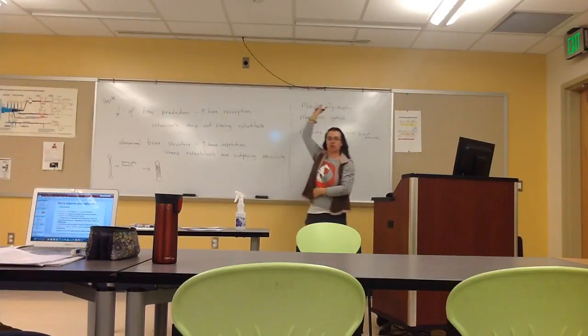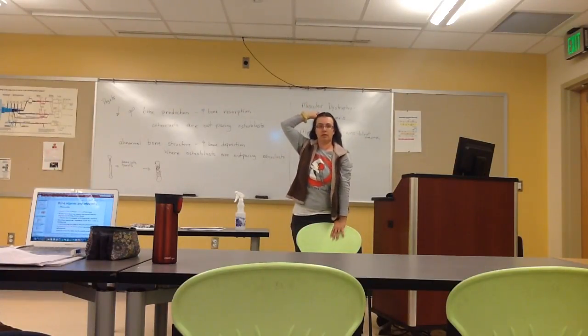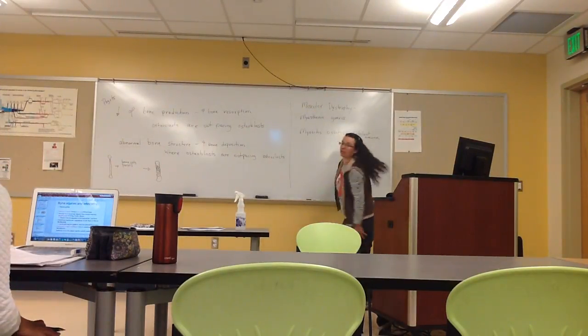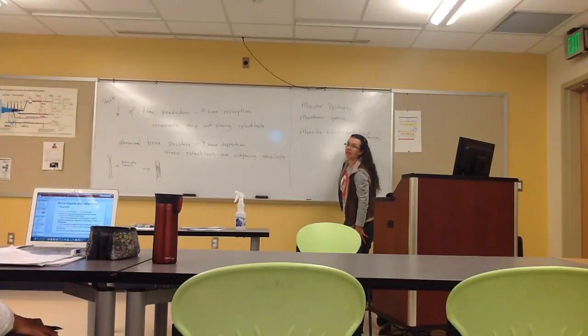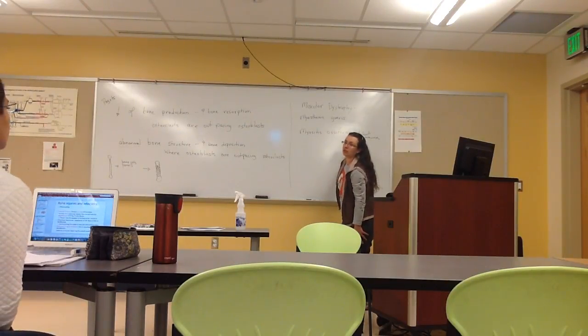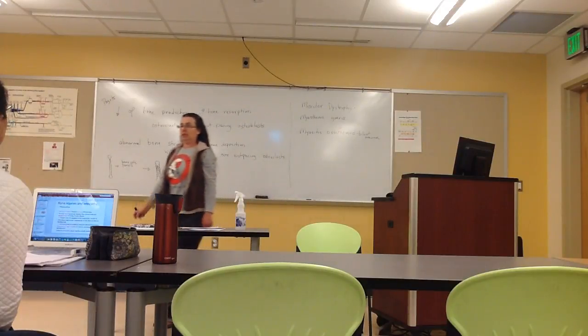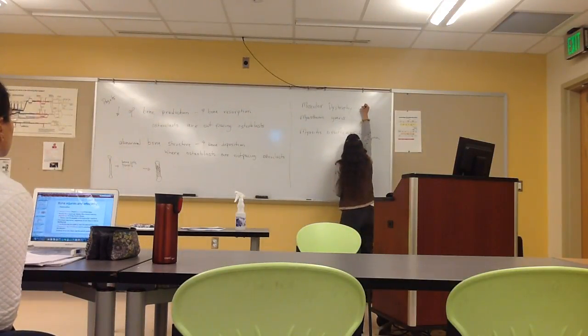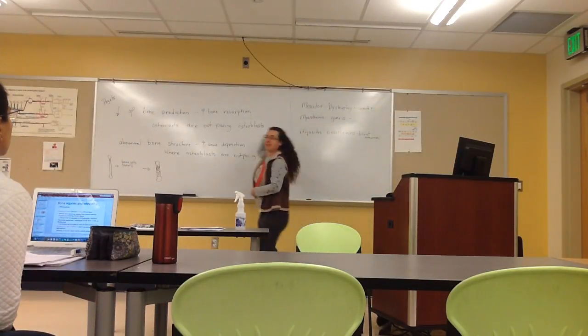What is the etiology here for muscular dystrophy? So this one is a physical agent, right? The etiology is a physical agent. Genetic. This is genetic. And then this one is what?